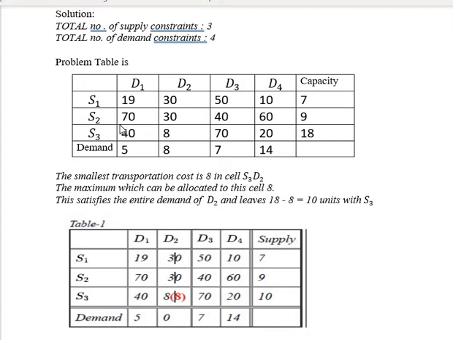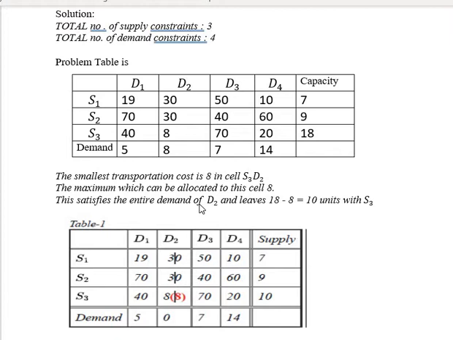From this table, see the smallest transportation cost, which is 8, that is in the cell S3D2. Then we can allocate the value to this cell S3D2. Then find the minimum of the rim values 8 and 18. Minimum is 8. So we will allocate the value 8 to the cell S3D2.